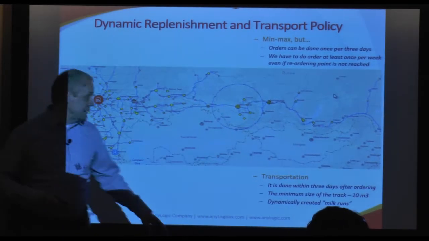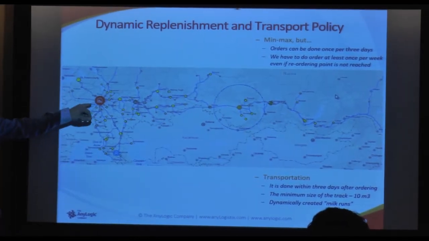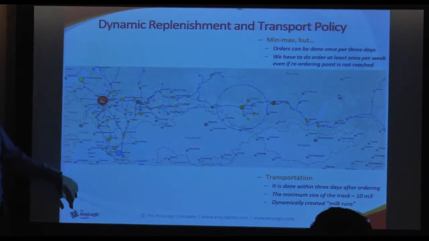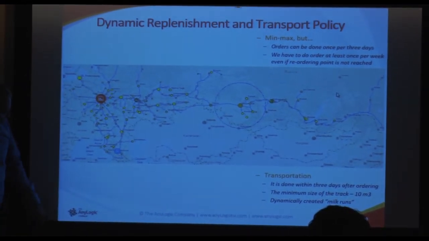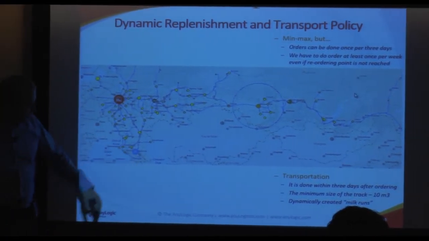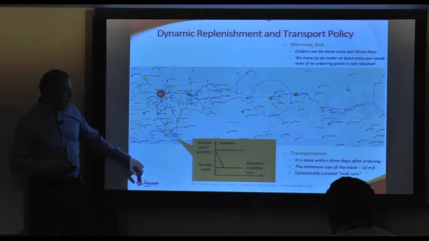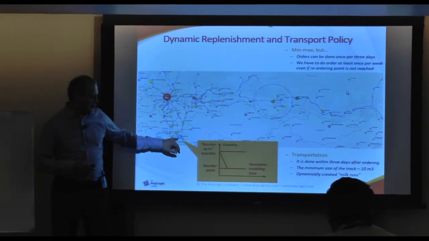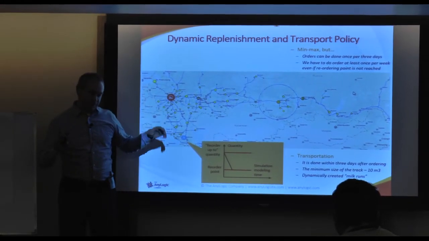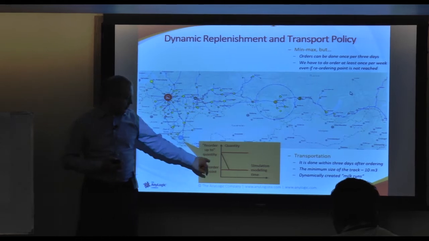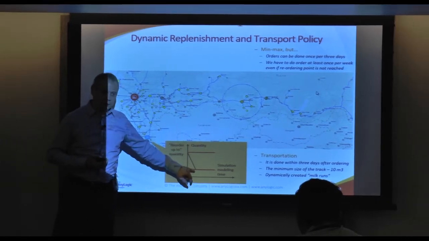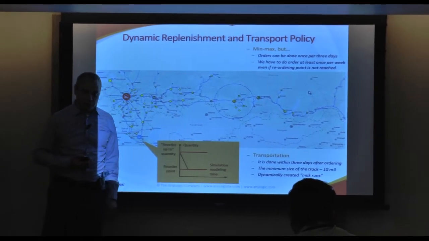Let's say they have a distribution center here, close to Moscow, and a customer here, close to the Black Sea. In this case, customer means their store, where the inventory drops below the ordering point.